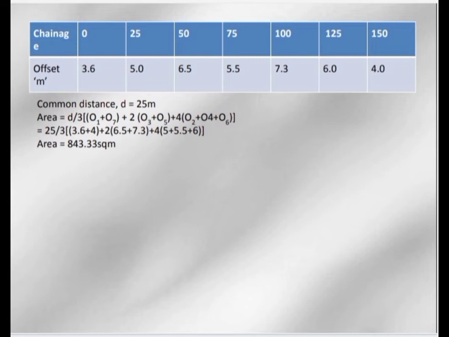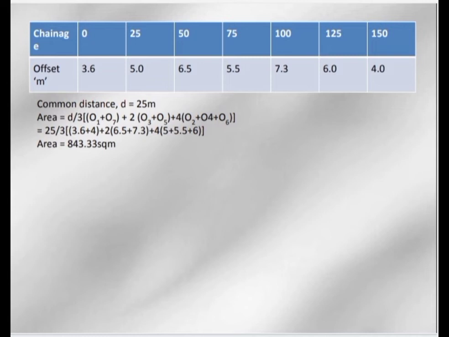See, the common distance D is equal to 25. Then the area is D over 3, then O1 plus O7 plus 2, then O3 plus O5 plus 4, O2 plus O4 plus O6.